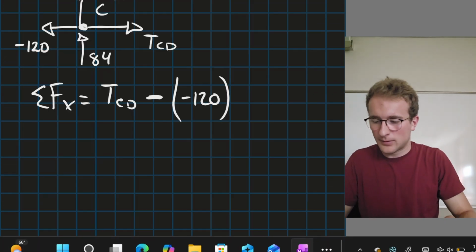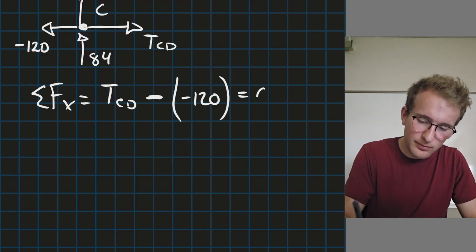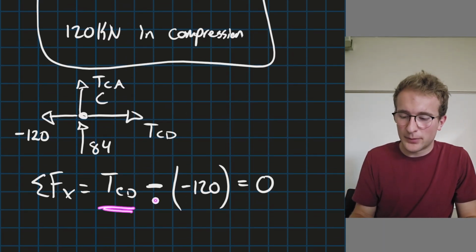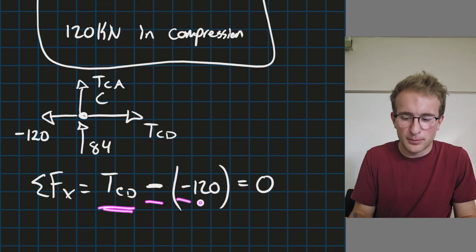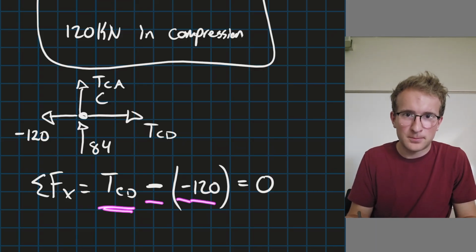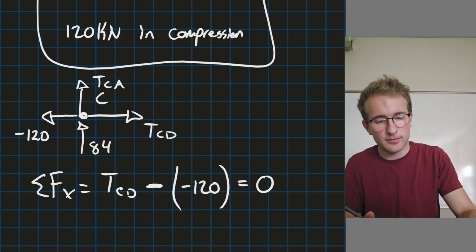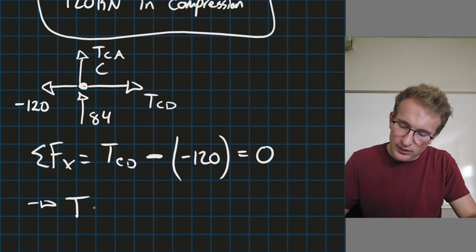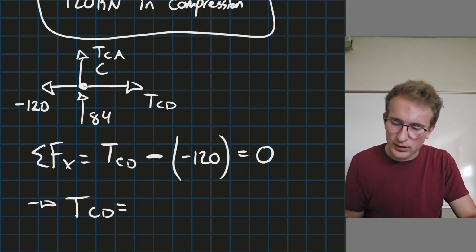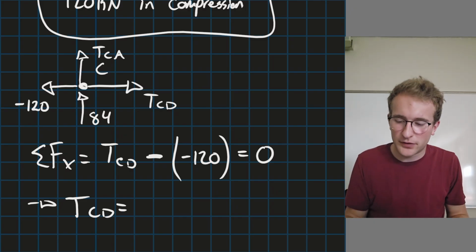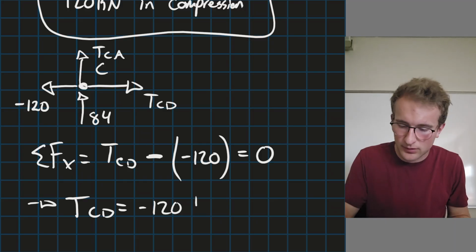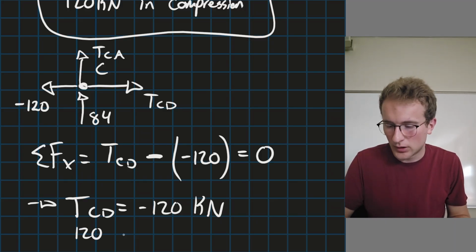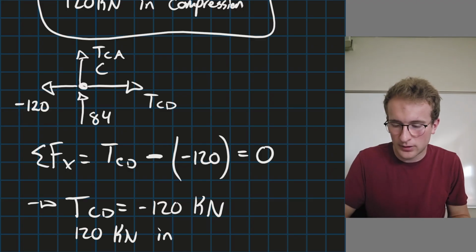And then set that equal to 0. So I have T sub CD minus 120. I can then solve for the tension in member CD, and I get negative 120 kilonewtons, or just 120 kilonewtons in compression.